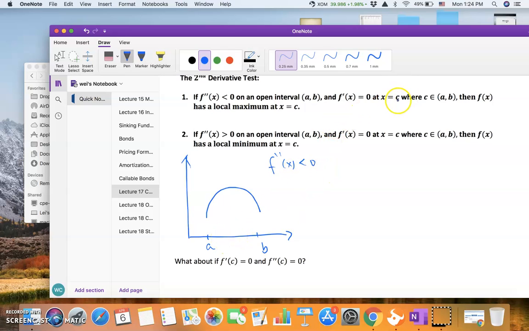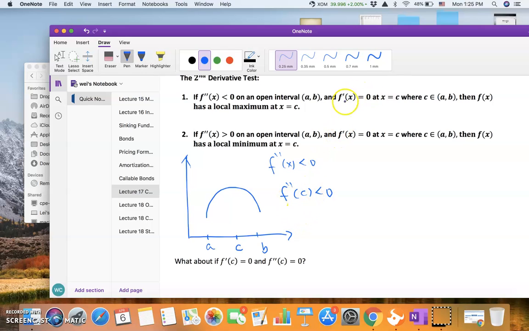Now, there is a point x equals c between a and b. Let's see, c is here. So the second derivative at c is also negative, right? Because all the second derivatives are negative at any point from a to b.